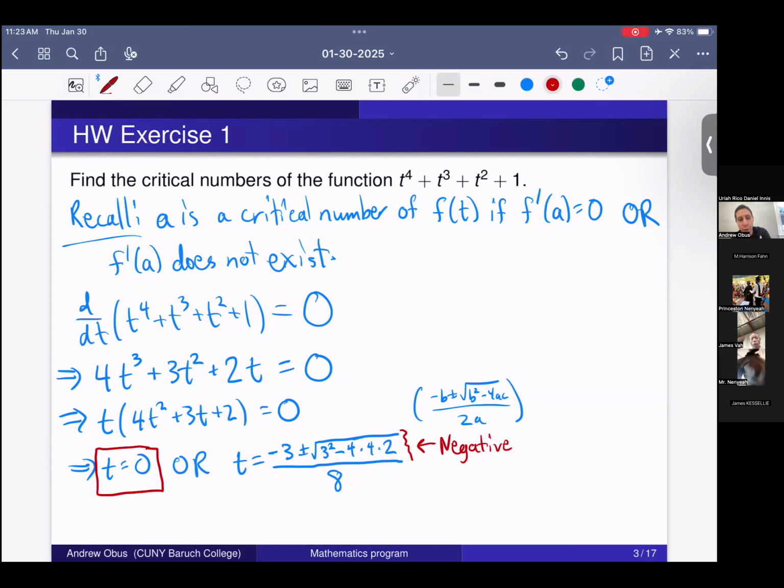And let me show you what this looks like in the graph. So I'm going to bring up Desmos, which is this graphing calculator. Let me share my screen to show you the graph.